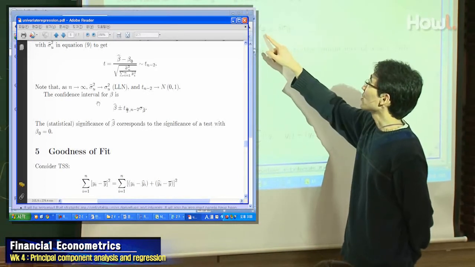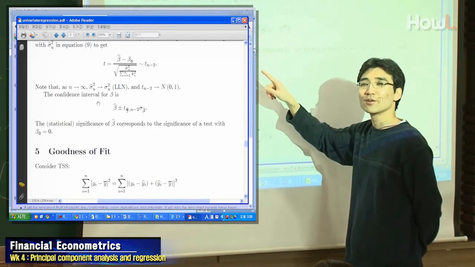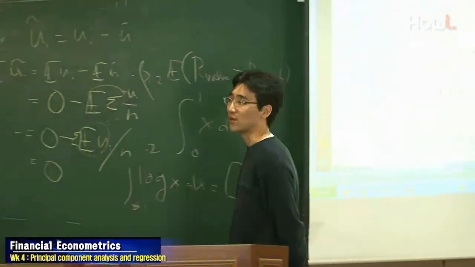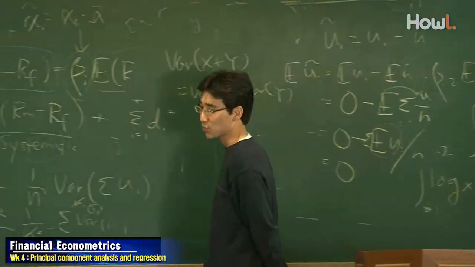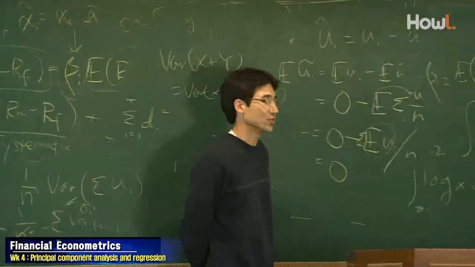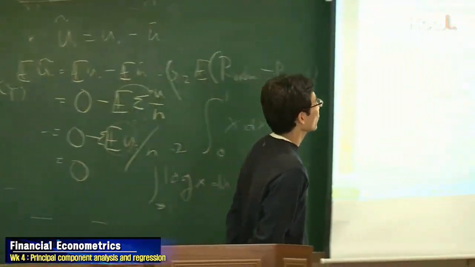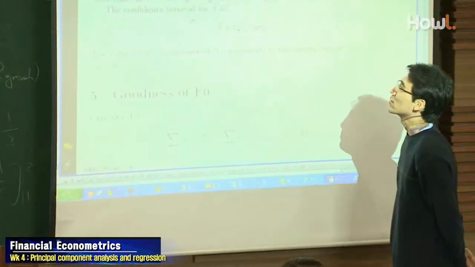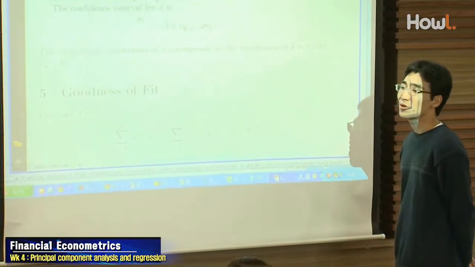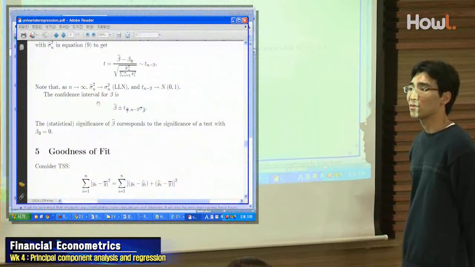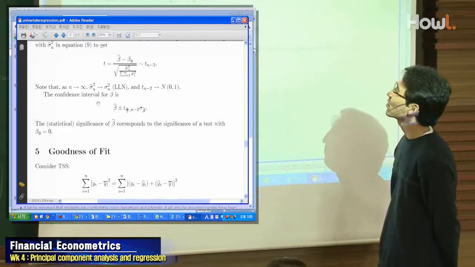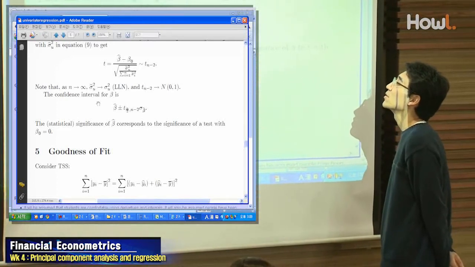And if we use 2.58, it is 99%. The t distribution is slightly different from the normal distribution. Anyway, there is a table of t statistics, so you can generate the confidence interval.